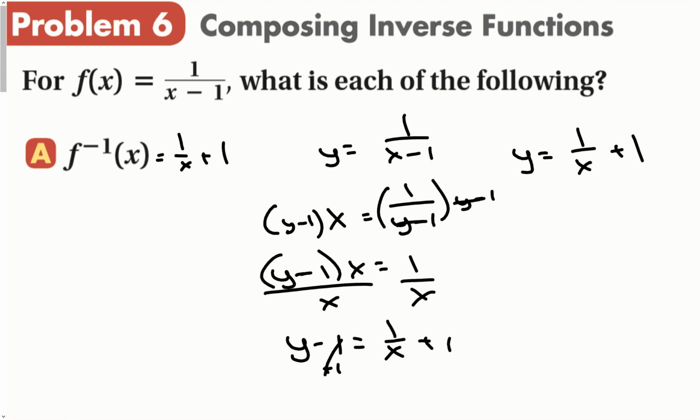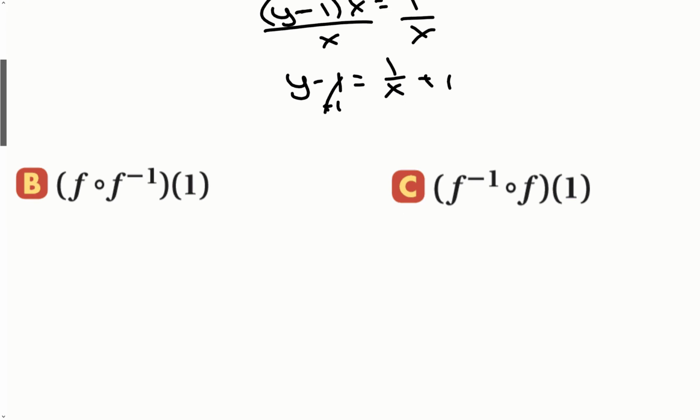All right, great. Now, let's see if these two things are inverses, are one-to-one. That means that for any value, if I plug the inverse into the original function, I should get 1 when I'm done with this.